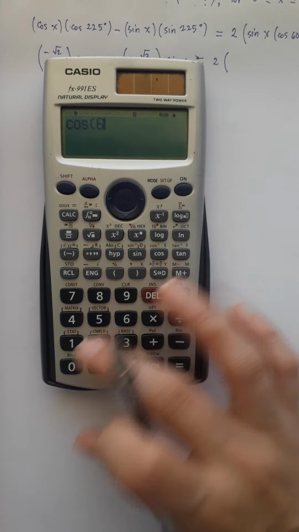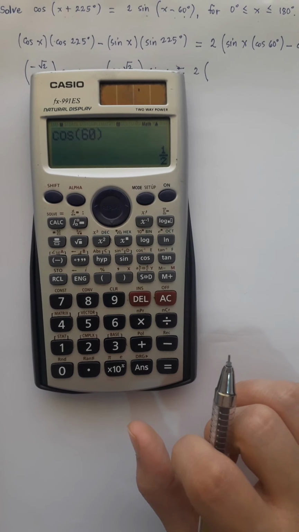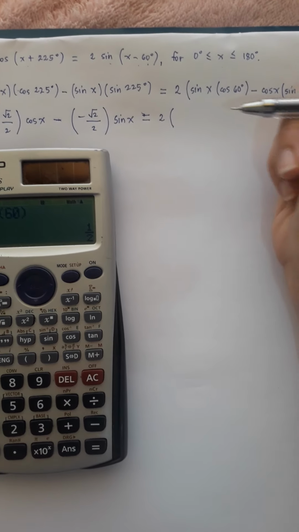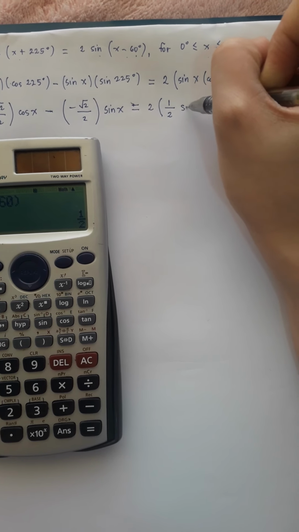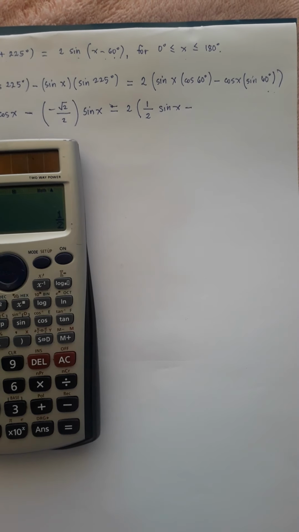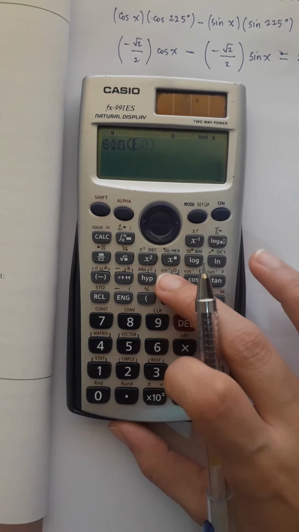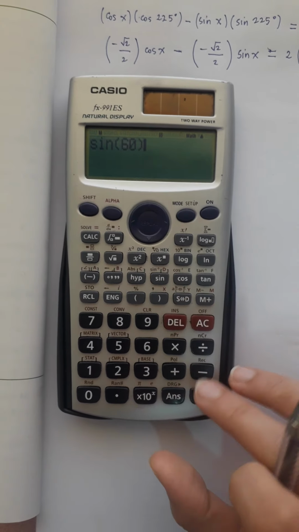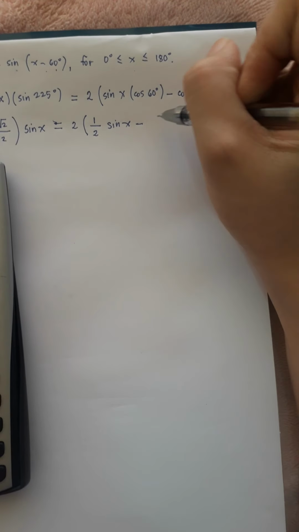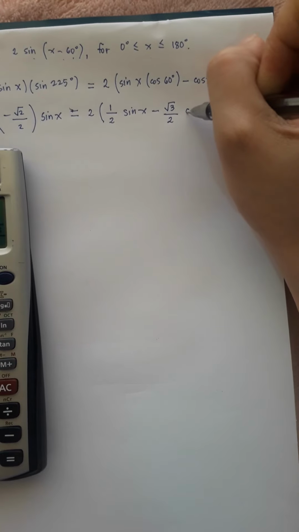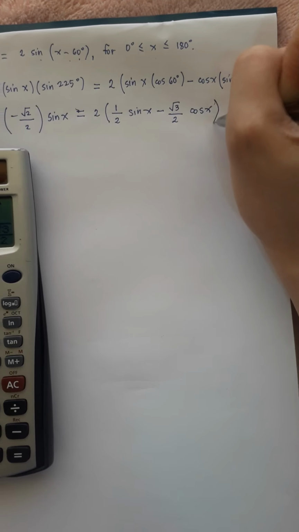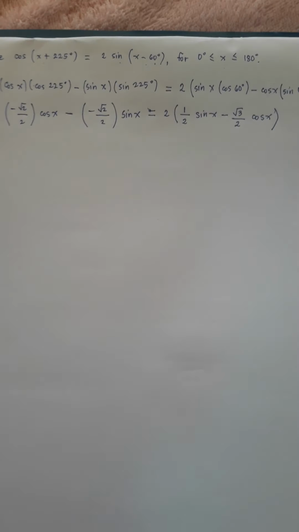So cosine 60 is 1/2. So this becomes half sine x minus, so sine 60 degrees is square root of 3 over 2. So this becomes square root of 3 over 2 times cosine x. Alright. So this is what we have.